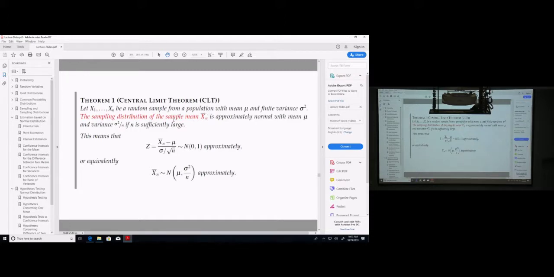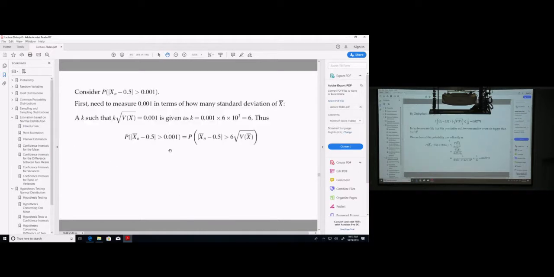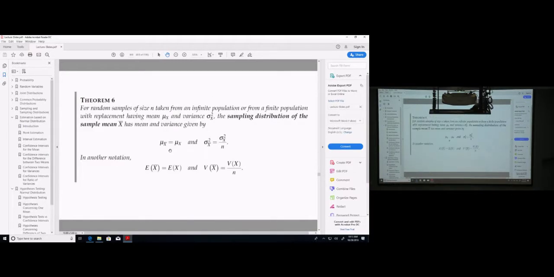All right. The sampling distribution of the mean xn bar. We are not talking about any other thing. We are talking about the sample mean, which is the average of this. And here we have to divide by sigma over square root n. This is because of the previous slides: the variance of the sample mean is 1 over n times the variance of x.